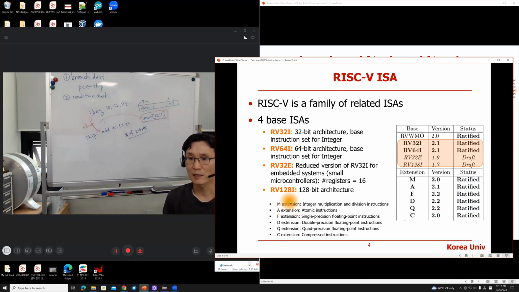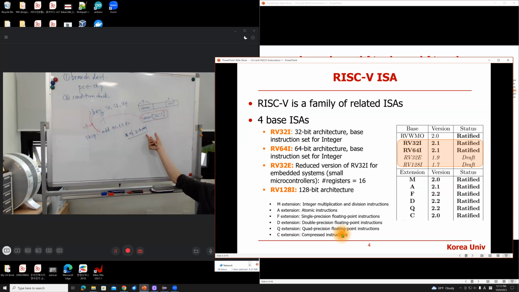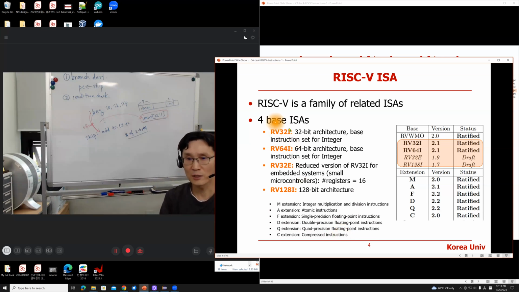The M extension is providing multiplication and division instructions. And then the F extension is providing floating point operation instructions. And the important thing is this one, the C extension, compressed instructions. These are 2 byte instructions. Integer instructions, each instruction is 4 bytes in size, right? Compressed instructions are 2 bytes in size.